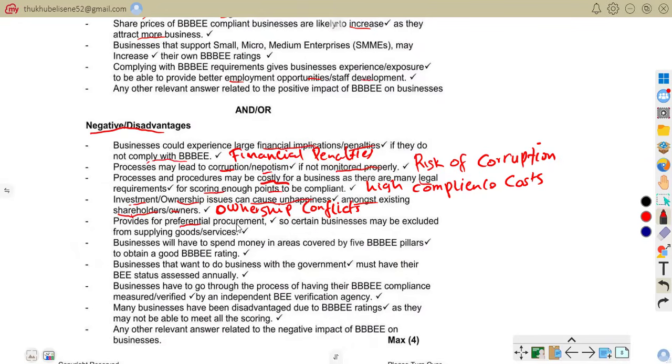It provides for preferential procurement. So certain business may be excluded from supplying goods or services.